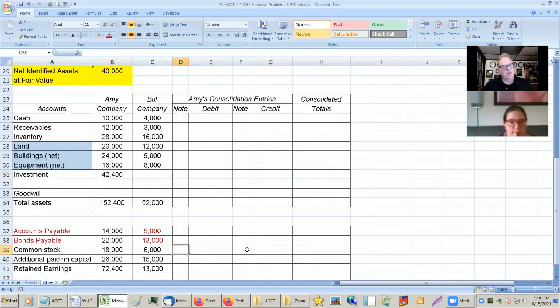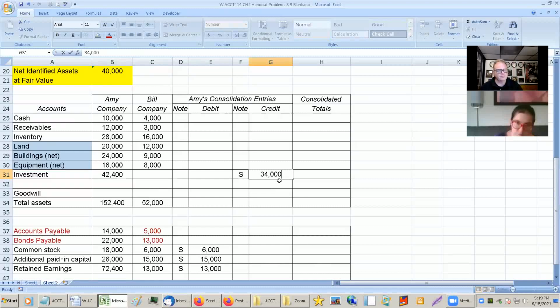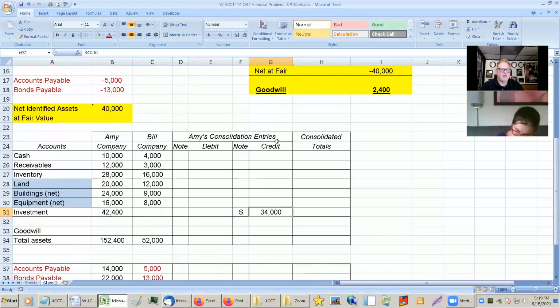So first thing we're going to do is get rid of the stock. $34,000.